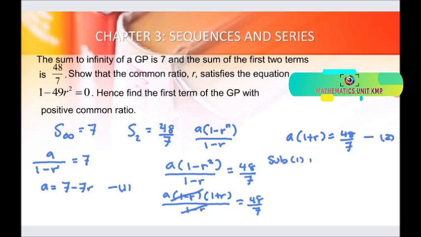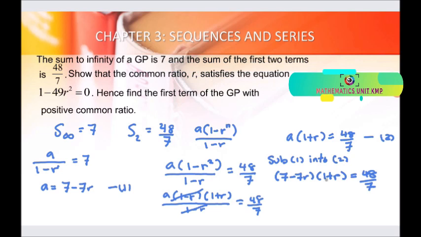Substitute equation 1 into equation 2. So 7 minus 7R multiplied with 1 plus R equal to 48 over 7. And we expand the equation.